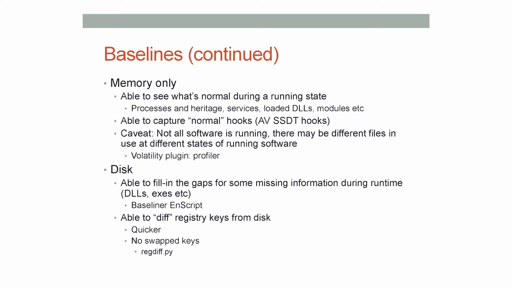There are different things that you can do with the baselines. Like we said earlier, you could look at only the memory artifacts that you have. So we're able to look at the running state, the processes, loaded modules, DLLs, et cetera.